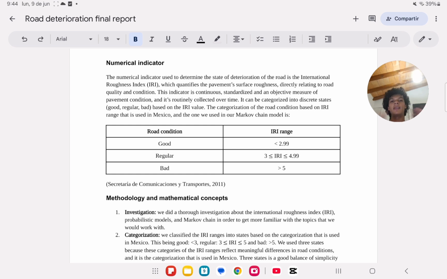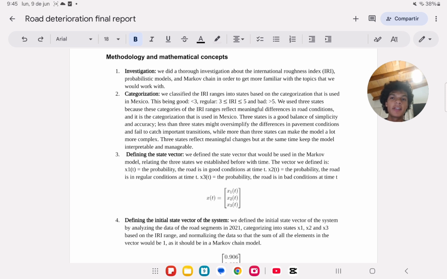We put it this way because it's a simpler way than, for example, using 5 values. So we use 3, and it's accurate and also simple. Also, this categorization is used in Mexico, with the values that we just talked about.